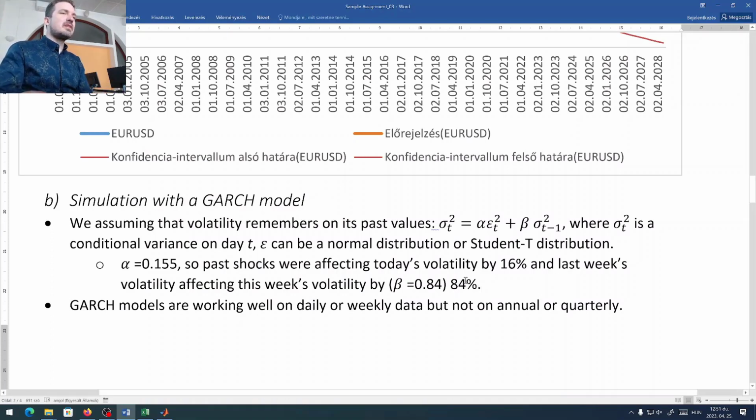So this is the textbook example that mostly volatility remembers itself.